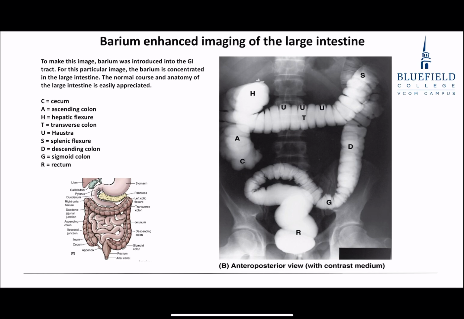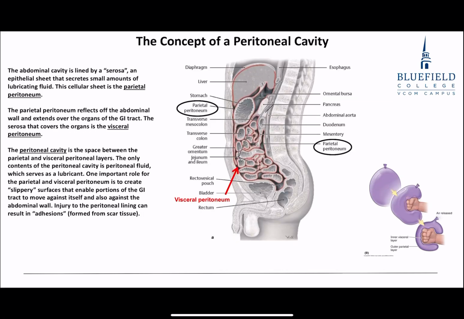And I'm sure Dr. Dunn talked to you about pleural cavities, visceral pleura, parietal pleura, and the space between those two layers was the pleural cavity. We have the exact same thing in the abdomen, except instead of saying pleura, we say peritoneum.